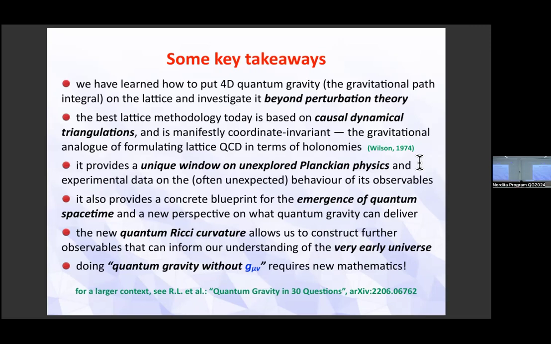So as a technically new feature that has opened the way to new observables, there is a notion of curvature we have relatively recently been able to construct, which has nice properties under renormalization, which you can put on the lattice, which allows us to construct more observables than we had been able to in the old days, and that can now inform our understanding of the very early universe.